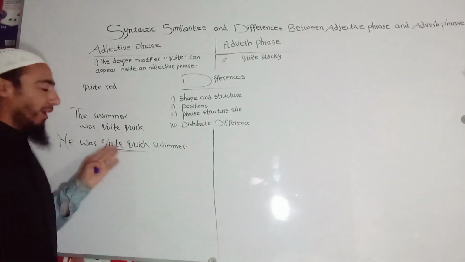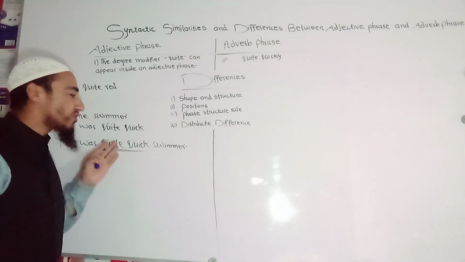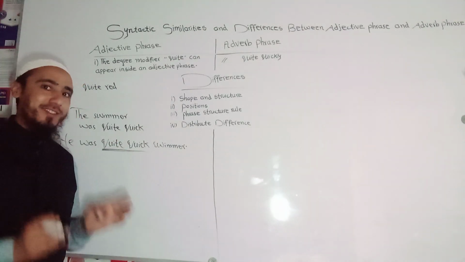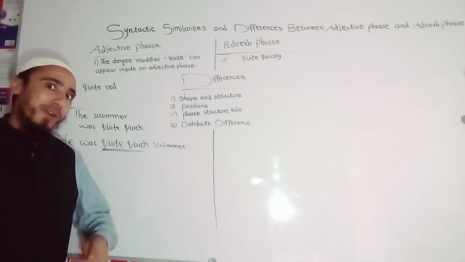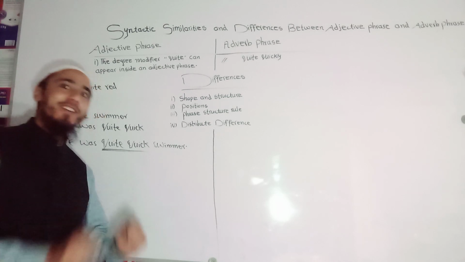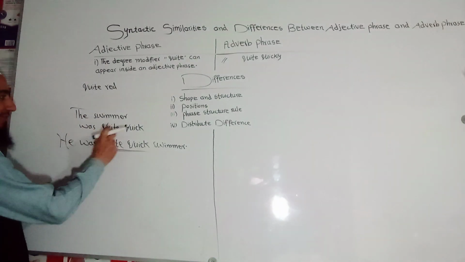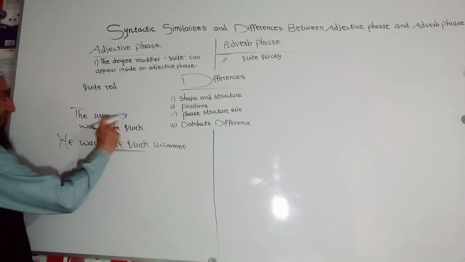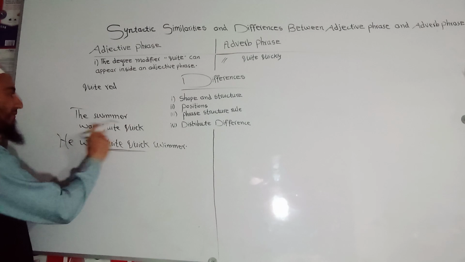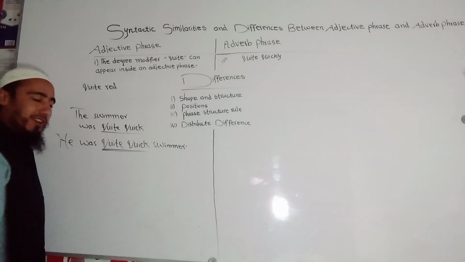Now, another interesting point about adjective phrase is that an adjective phrase can also be outside of a noun phrase. As I jotted down this sentence, you see, the swimmer was quite quick.